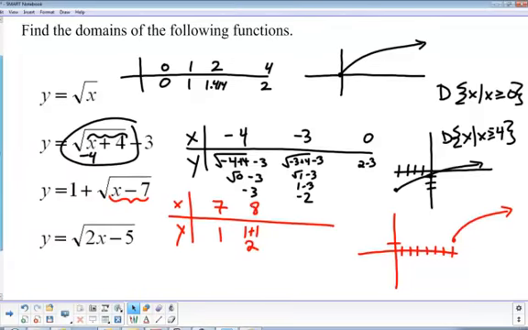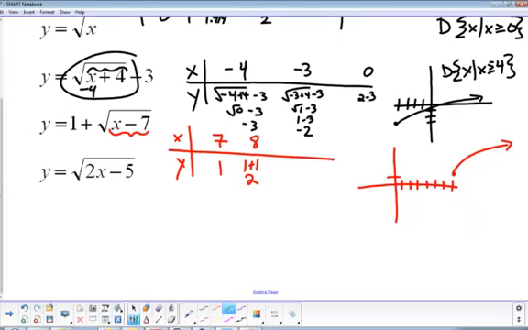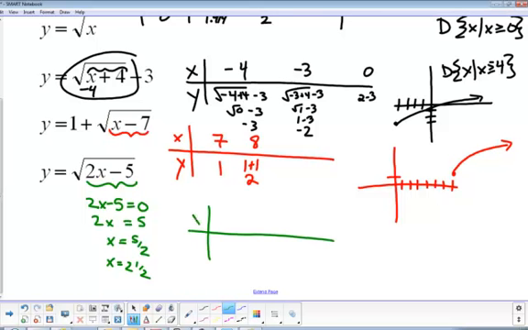And the last one is a little weird because we need to figure out what makes this equal to 0. So when is 2x minus 5 equal to 0? This is very similar to what we just did factoring, where you would add the 5 and then divide by 2. So x is 2.5. So if we plug 2.5 in for x, 2 times 2.5 minus 5 is 0.